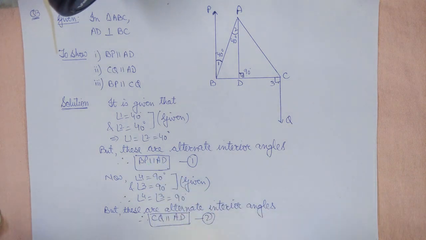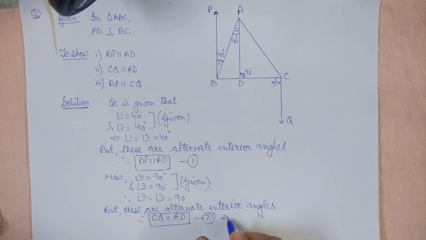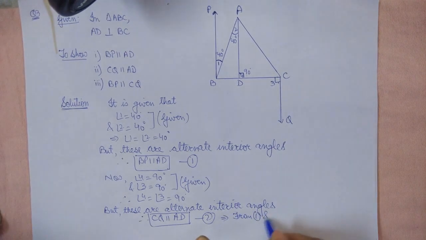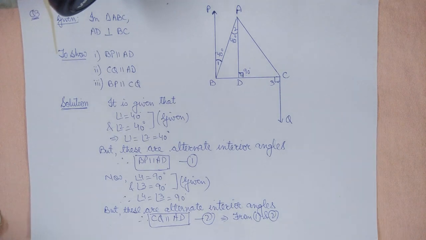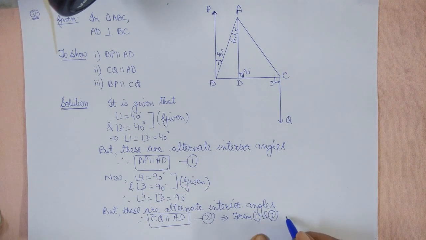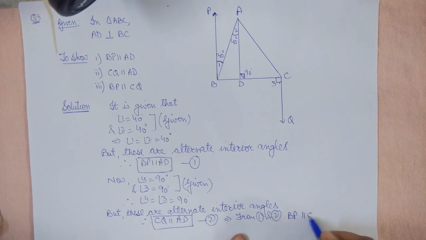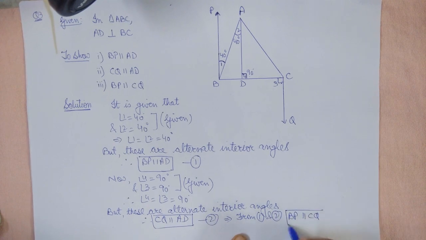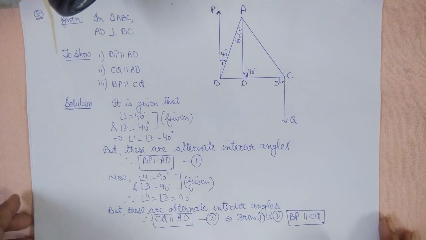Both of them will be parallel to each other. So from first and second, what result will we get? That BP parallel CQ. So this is the proof of the third part.